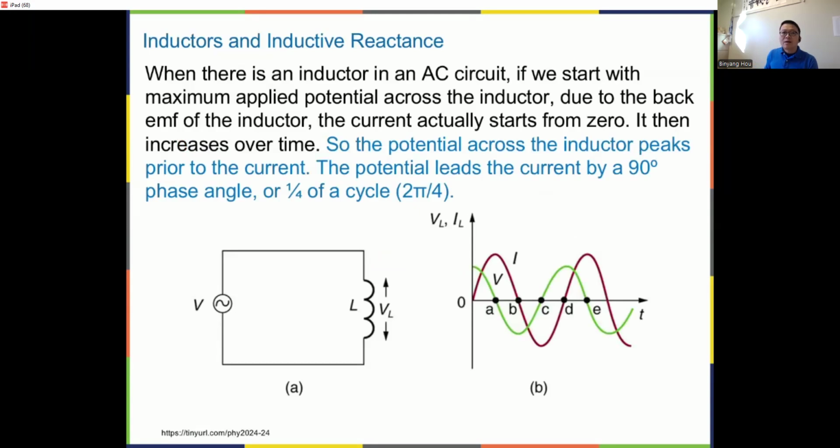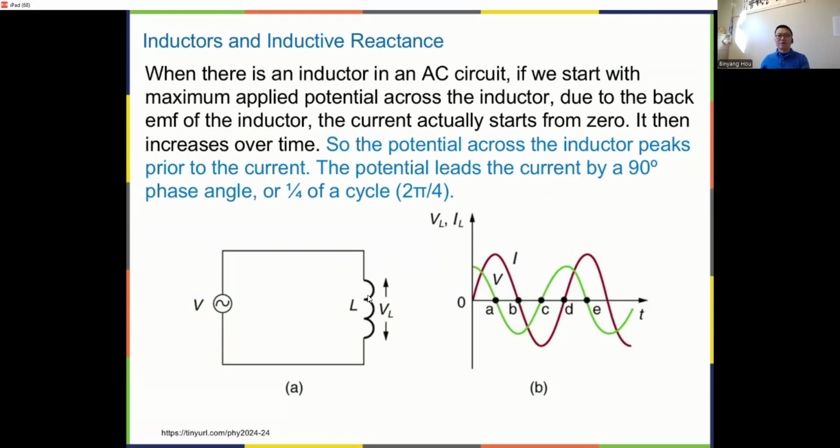Now let's take a look at an inductor. If we have an inductor in an AC signal, what happens here? Inductors are made of coils, and we learned earlier that if you have electricity going through a coil and this electricity is varying, then the coil does not like the change, according to Lenz's law, so it will oppose that change.